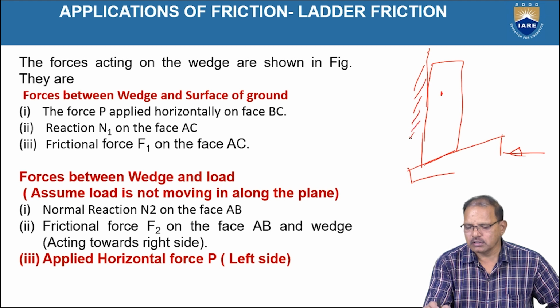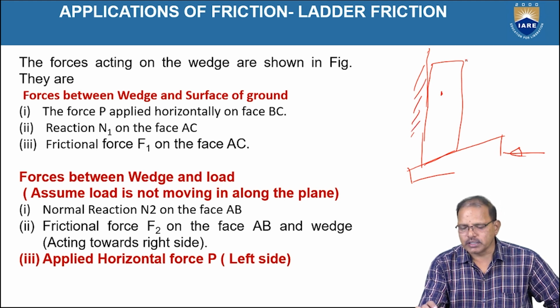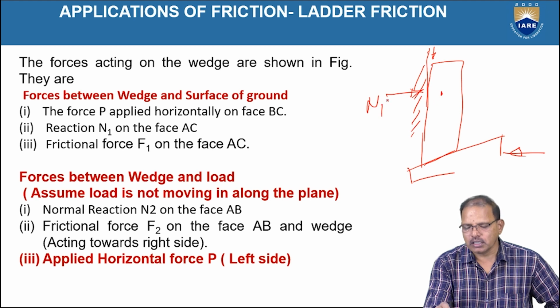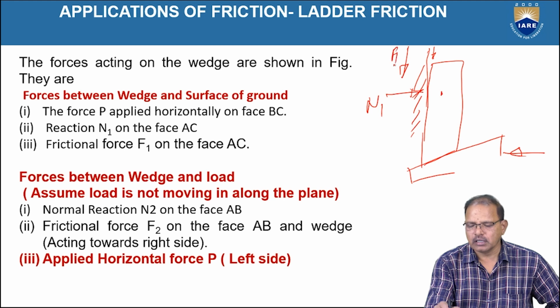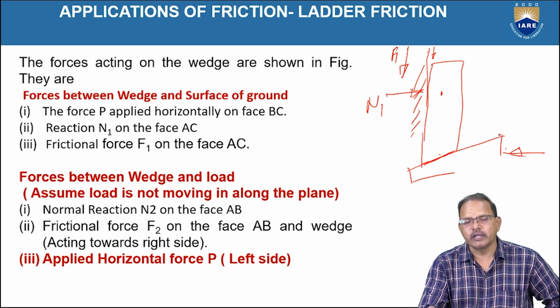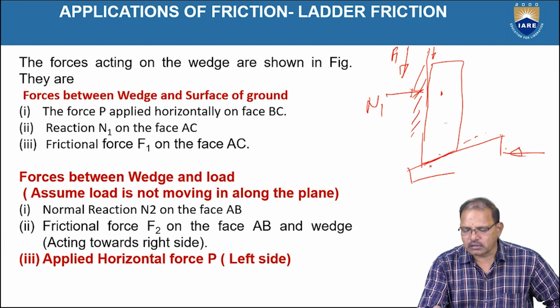The body has to move in the upward direction, hence the frictional force is acting in the downward direction. Here is the normal reaction, at point A, the first one, N1, and the frictional force F1. When the body is moving upward with respect to the object along the surface, the frictional force acts downward, along with the normal reaction.